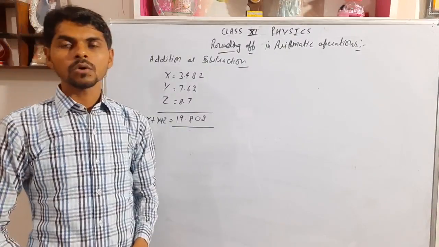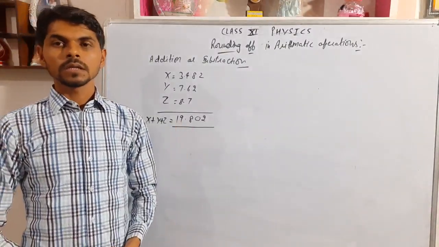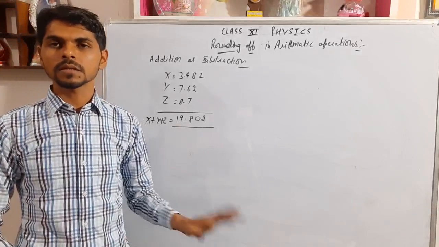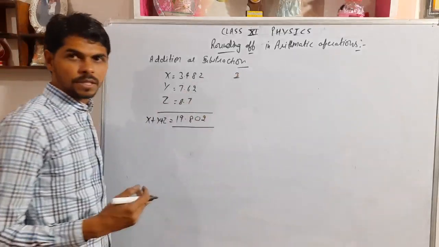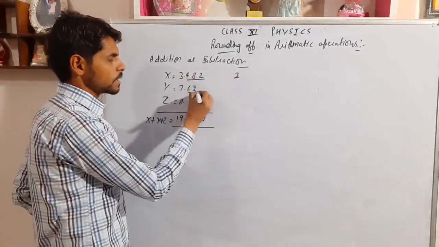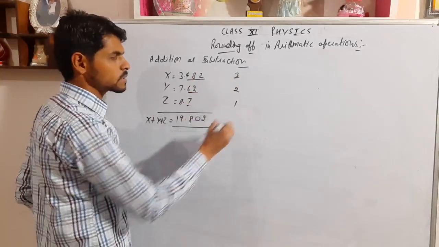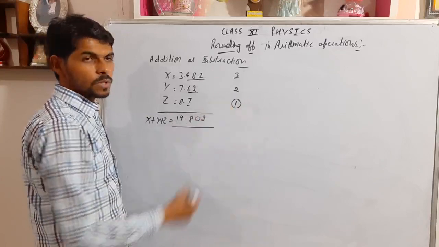But according to rounding off, the answer must have the least number of decimal places as in the statement. So this number has 3 decimal places, meaning the digits after the decimal, here 2 decimal places, and this one has 1 decimal place. So what is the least number of decimal places? That is 1.